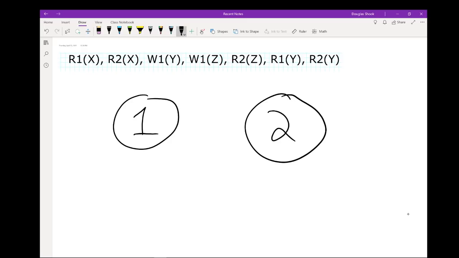How am I going to decide whether or not to draw an edge? Can somebody give me an example of an edge that should be drawn between these two nodes? Go ahead. If a write occurs after a read to the same thing. So a read-write conflict. Right, or a write-write conflict, we're looking for those particular conflicts in the schedule.